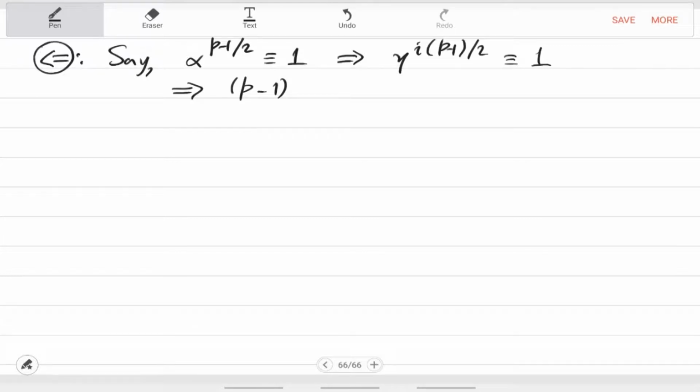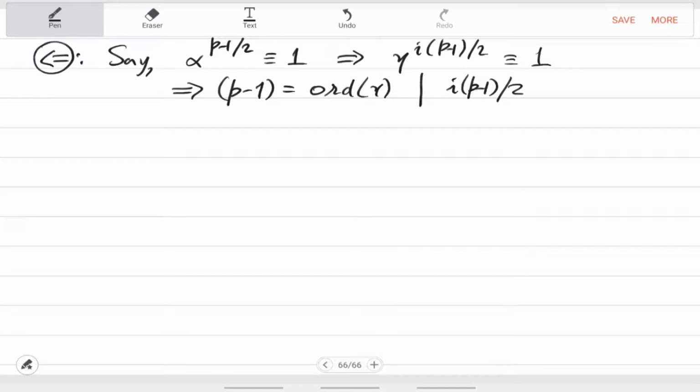Since the multiplicative order of gamma is p minus 1, if gamma raised to m is 1, then m has to be divisible by p minus 1. So p minus 1 is the order of gamma, and that has to divide I times (p minus 1)/2.